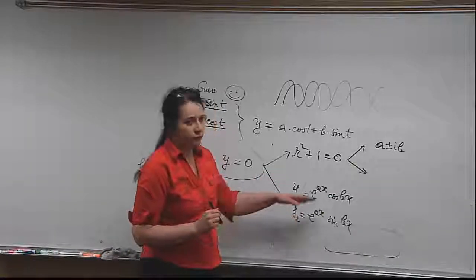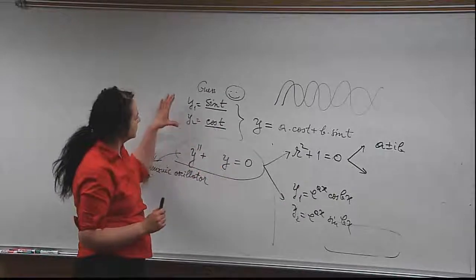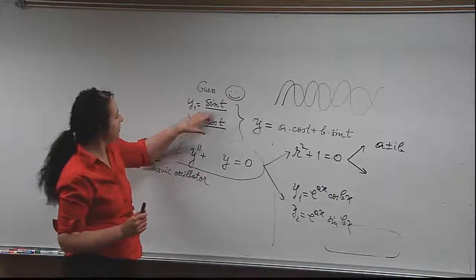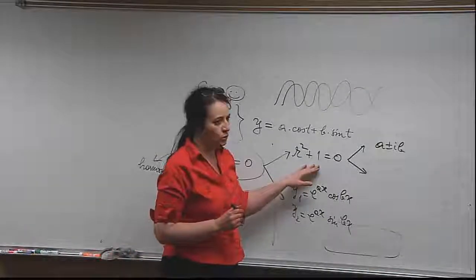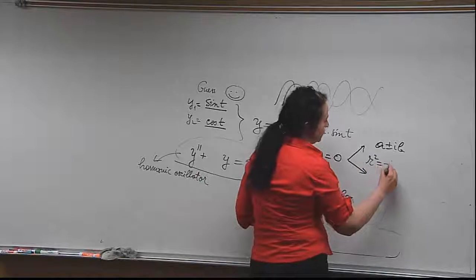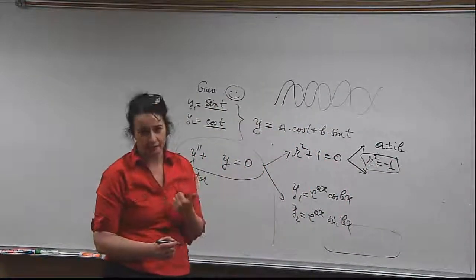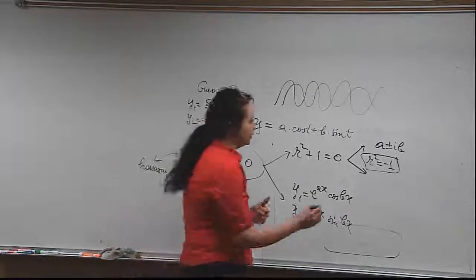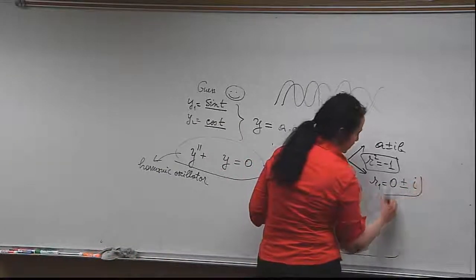So, if you knew the theory in 3350, and did not just guess these by yourselves, how were you supposed to know that? Well, r squared equals minus 1, right? The square root of minus 1 is i, or negative i. So r is 0 plus minus i.